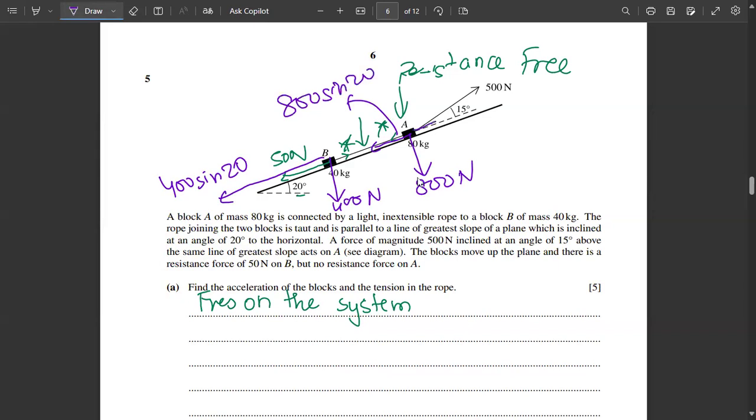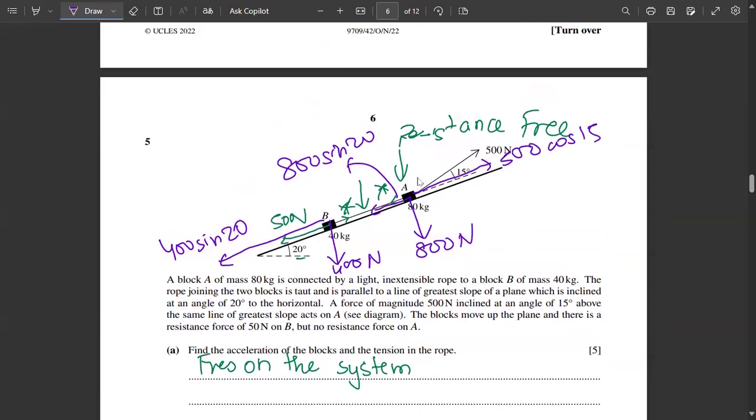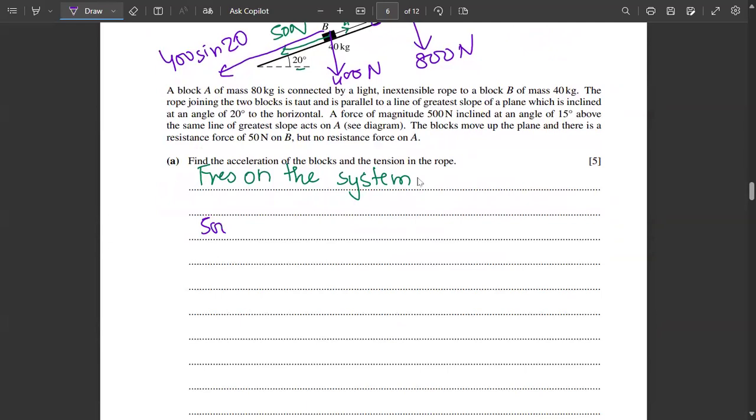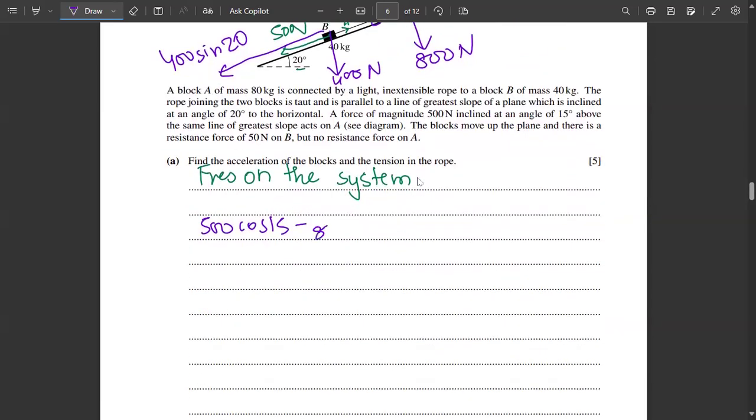The upward force parallel to the line of greatest slope will become 500 cos 15. And so here, according to the free body diagram, we have 500 cos 15 minus 800 sine 20 minus 400 sine 20.